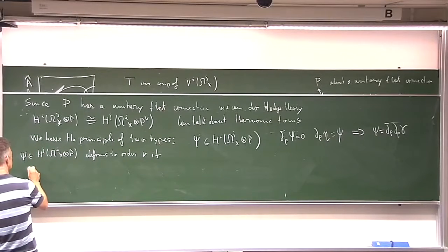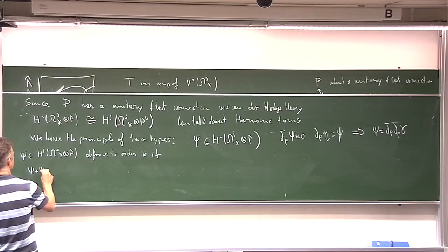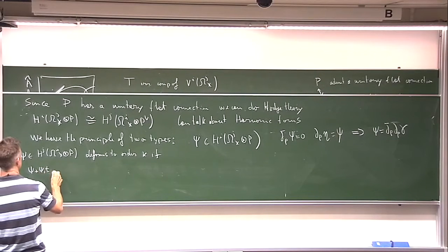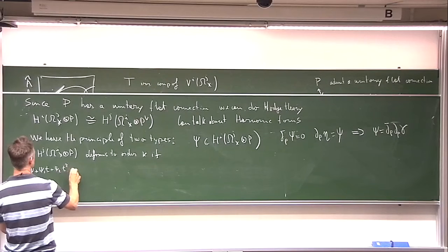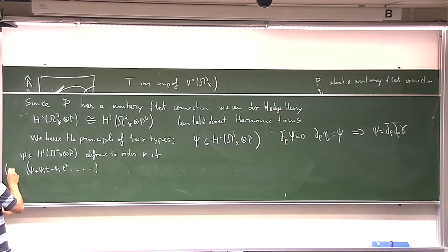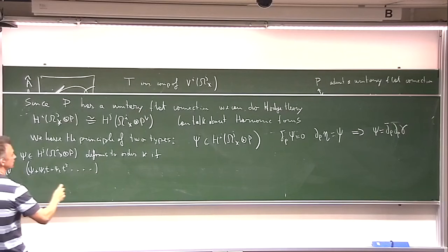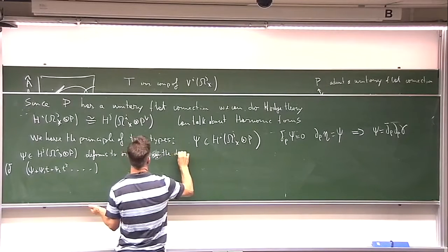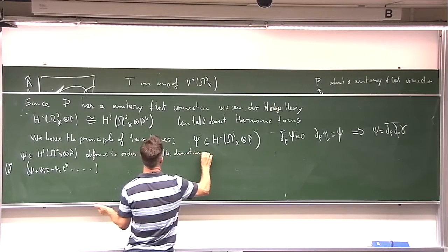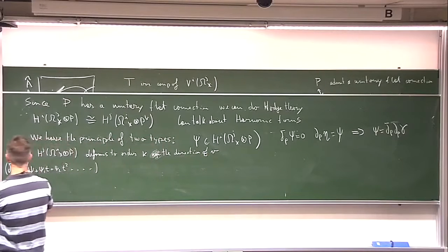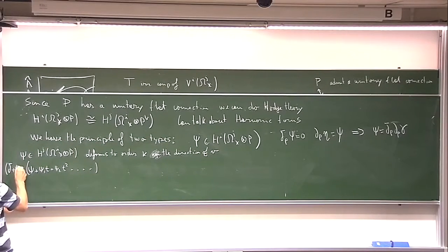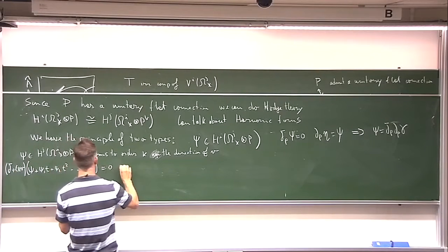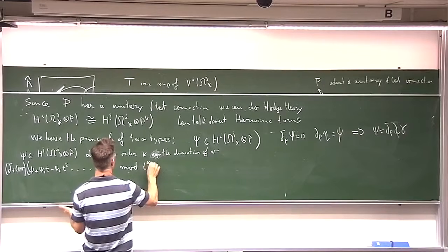If we can write ψ + ψ_1 T + ψ_2 T² etc., and then we take ∂̄, I have to tell you in what direction, in the direction of V, we do ∂̄ + T V wedge, let's just call it ∂̄_{TV} of this, is equal to 0 modulo T^(K+1).